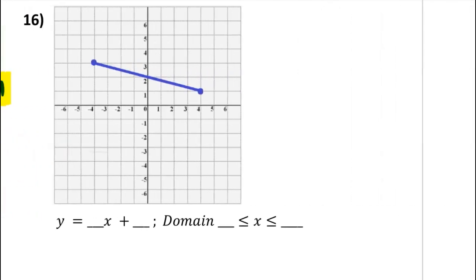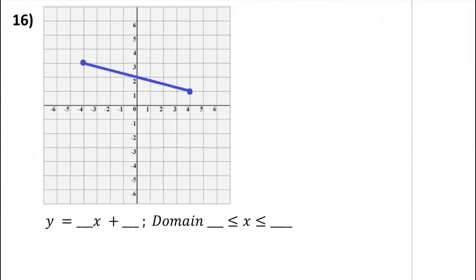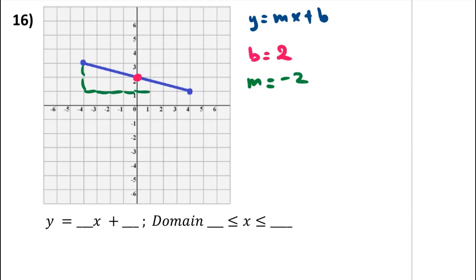Alright, 16. Y equal to mx plus b. B is the beginning. We begin at 2. Slope is down 1, 2. Go down 2, so -2. Run 1, 2, 3, 4, 5, 6, 7, 8. 2 over 8.